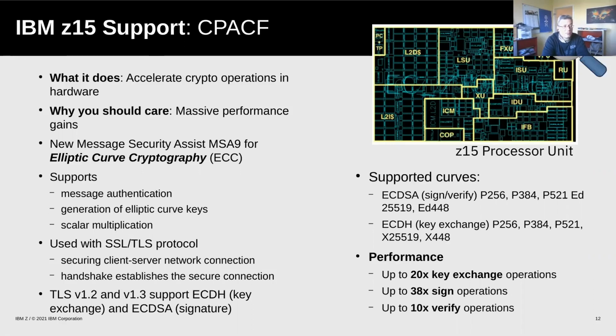Again, the performance numbers are really cool. We have 20 times faster key exchange operations, 38 times faster sign operations, or 10 times faster verify operations. So that's certainly pretty impressive.